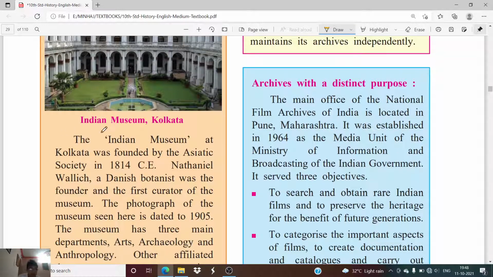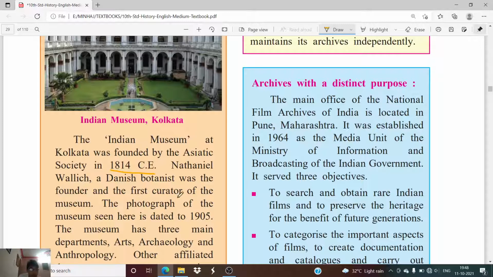Now, do you know the Indian Museum at Kolkata was founded by the Asiatic Society in 1814 CE, that is Common Era. Nathaniel Wallich, a Danish botanist, was the founder and the first curator of the museum. Who was the first curator and founder of this museum? Nathaniel Wallich, a Danish botanist.